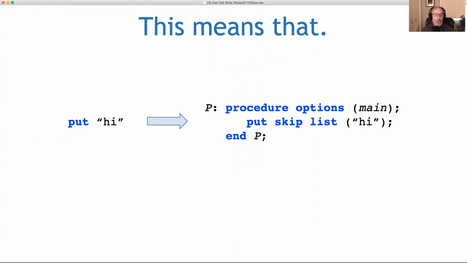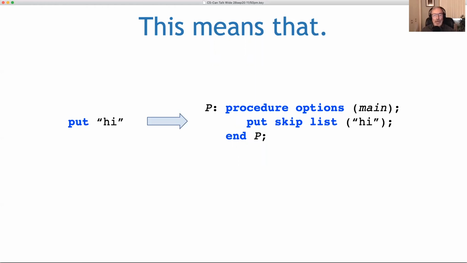And then we would say, okay, so what does it mean? And what we would do is, on a blackboard at that time, write down the feature we had in mind and how we would say it, so put "hi". And then we would put an arrow, and on the other side of the blackboard, we'd put what it means in an existing language. In this case, the existing language is PL/1.